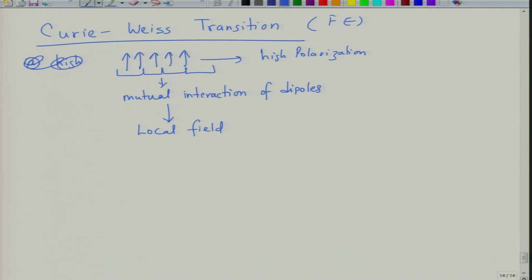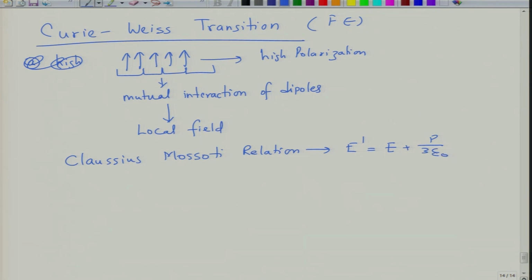and the interaction between the dipoles leads to a higher local field. It turns out, we have not done the derivation and we probably won't have time to do it, but there is something called the Clausius-Mossotti relation, which gives you the local field value as E plus P divided by 3 epsilon naught.